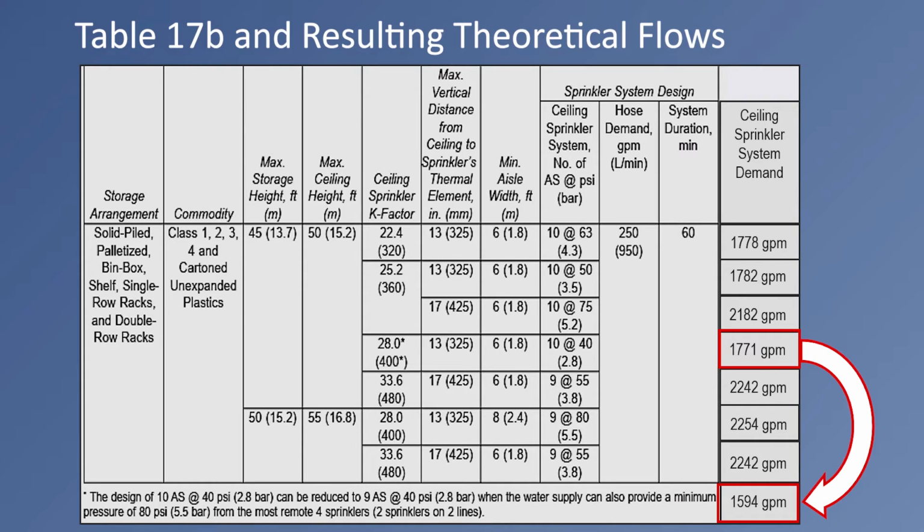And just to add to that, when you're talking about the 50-foot ceiling, so from 40 to 50, this is your table right now. And the K-28 not only has the 1771 or the 1594 flow using the 9-head design, but it also has 40 PSI, which, when you look at the table, is a minimum of a 10 PSI savings, if not 35 PSI, starting.